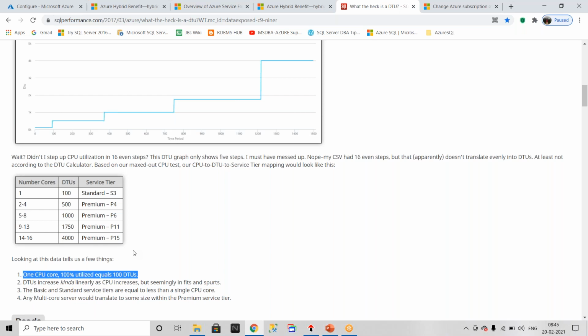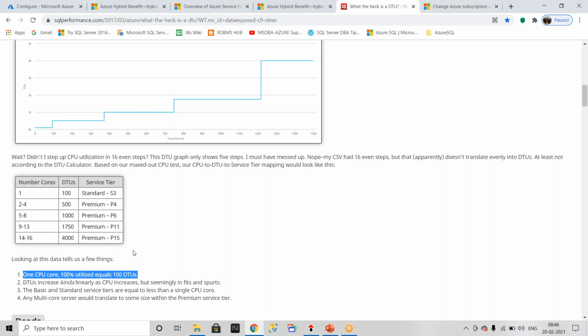100 DTUs equal to 1 core. Getting my point? Based on a lot of calculations he did, he measured the resource consumption over the DTU purchasing model, and he came to know 100 DTUs equal to one vCore.